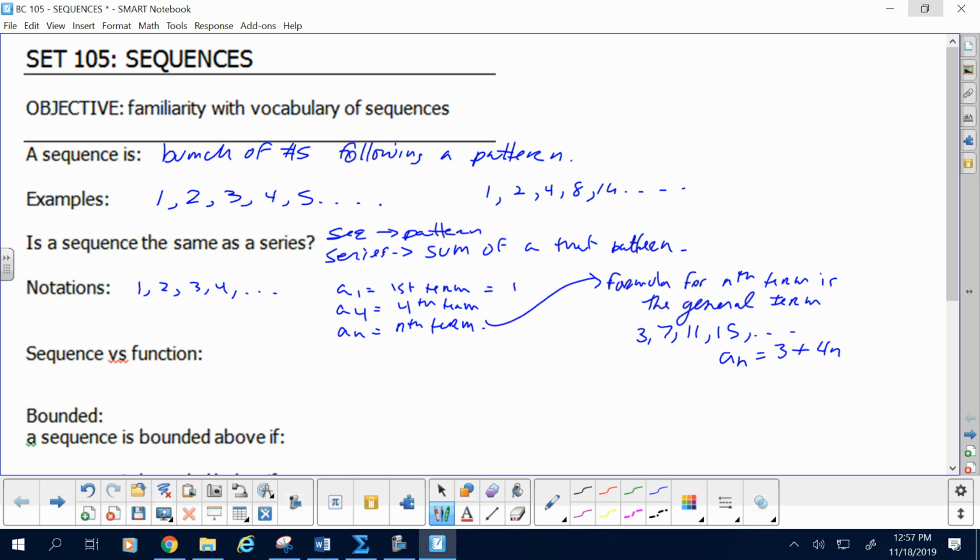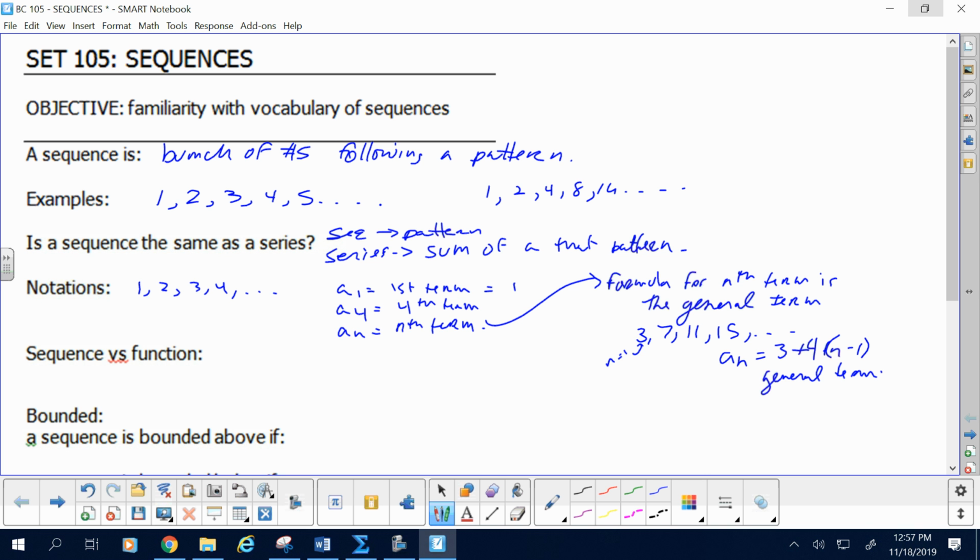Does that work? Assuming you start with the first term. Start at 3 and add 4 so many times. Don't add 4 for the first term. Yeah? You with me? Okay. That's called the general term. The term generating formula, if you will.